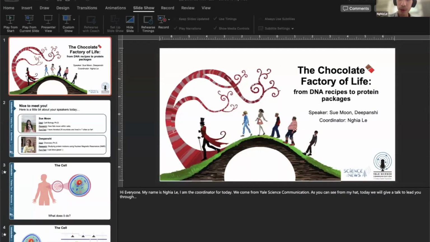So to start off with our discussion for today, we can talk about the cell. So the cell is something that everyone knows about, right? It's the fundamental unit of life, is something that is very essential to all life. And here is a typical rendition of the cell with all of its compartments inside of it.